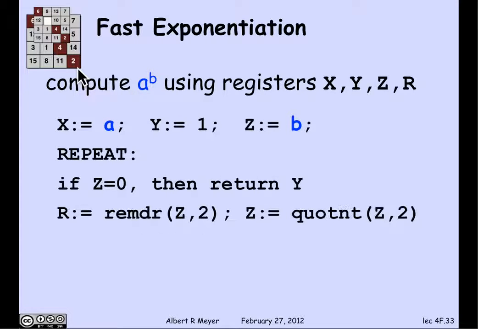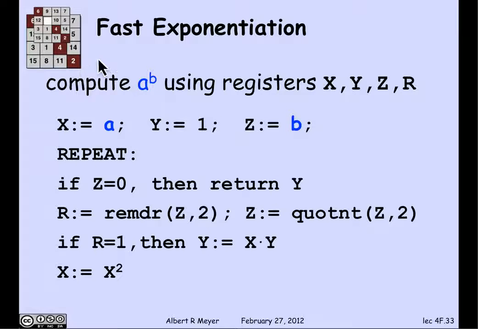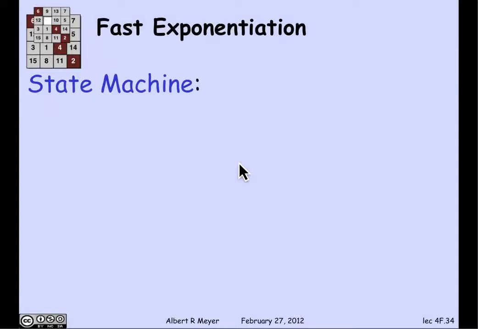Here, x, y, z, and r are temporary registers. y, z, and r all hold integers, and x holds this real number a. And you can read the code if you wish, but in fact, I'm going to immediately jump to the slightly more abstract and easier to understand version of it as a state machine.